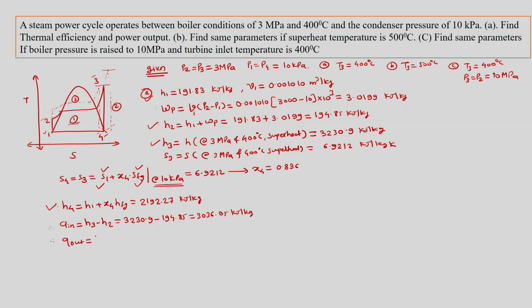Q out is equal to H4 minus H1. So H4 is 2192.27 minus H1, which is 191.83. So we will get Q out as 2000.44 kilojoule per kg.